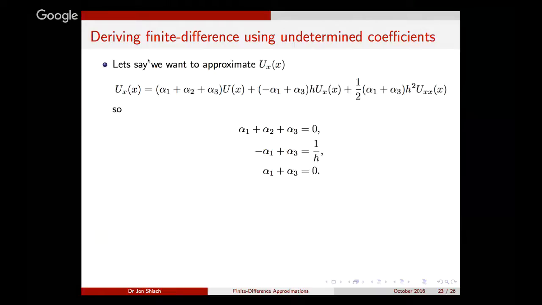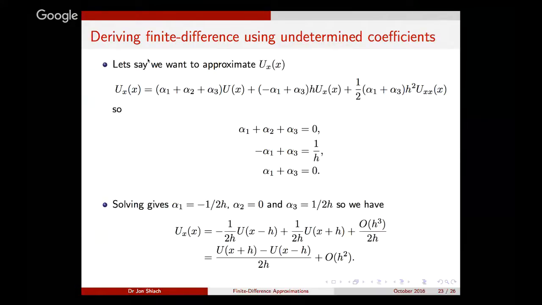The way I do that is set minus alpha 1 plus alpha 3 to be equal to 1 over h. And I want the last term to disappear, I want that to be 0. So alpha 1 plus alpha 3 is 0. Here we've got 3 equations, 3 unknowns, simultaneous equations. It's a linear system, it's quite easy to solve.